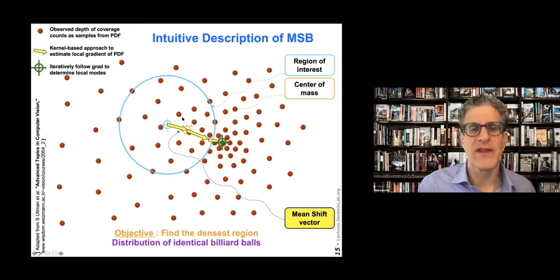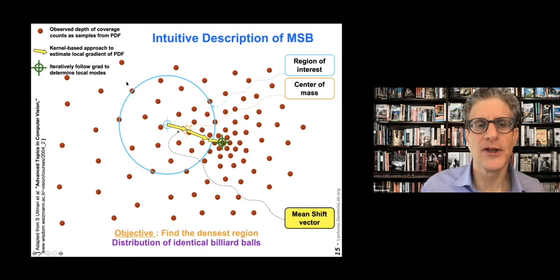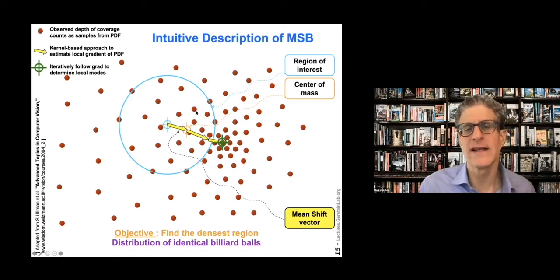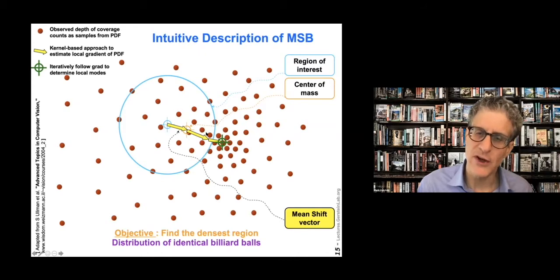And then you find the center point of that. You have a kernel here, and then you try to find a local gradient. If you just look at these points here, you can see if you try to estimate the density of points, maybe it's increasing here. So there's a local gradient going in this direction.